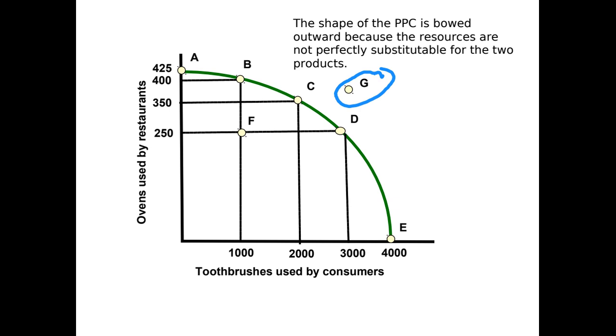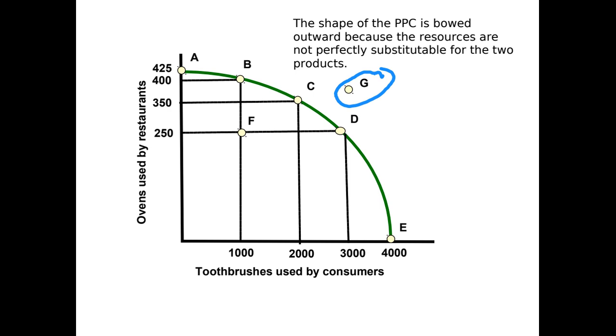By opportunity cost, I mean the cost of producing one good, in this example toothbrushes, in terms of another good, in our case, ovens.